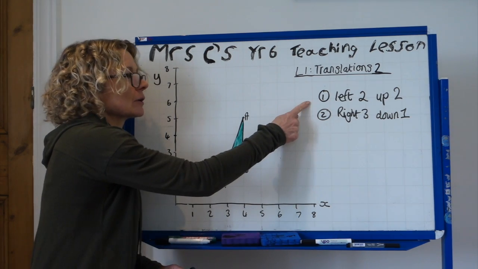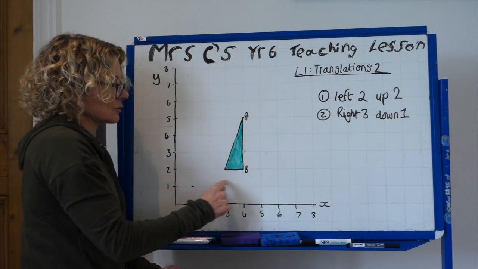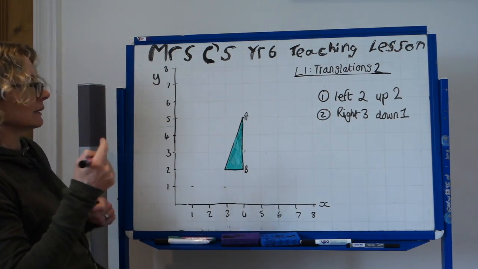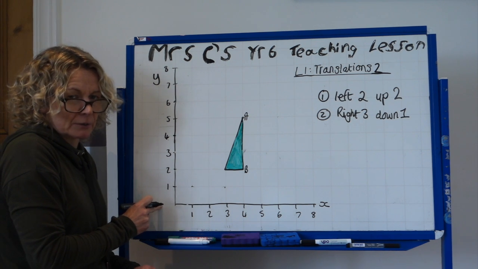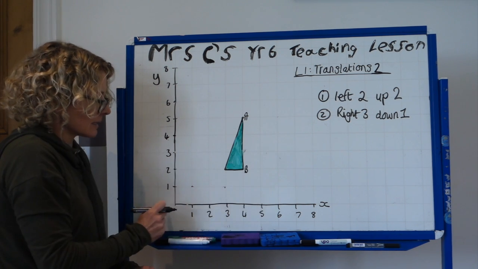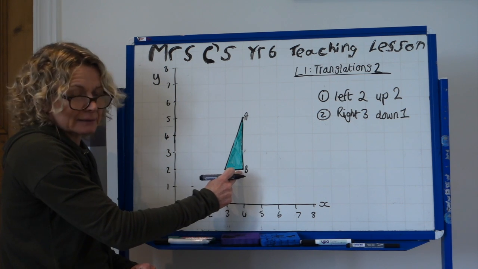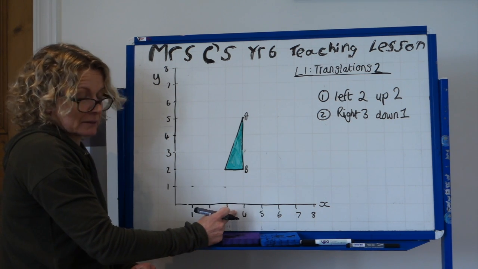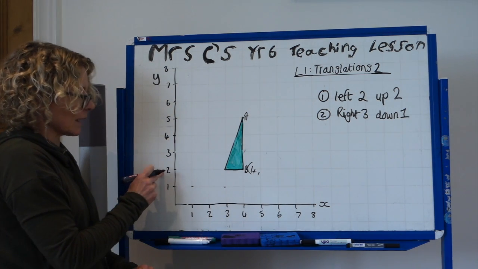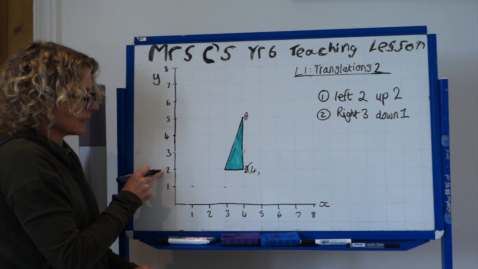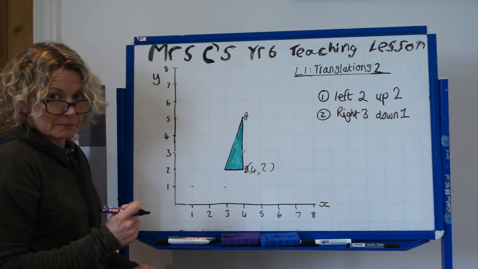So the first task is to draw this grid out and do your little green triangle. Let's together do the coordinates here. So we go in through the hall and up the stairs. The x coordinate for B is 4 and the y coordinate for B is 2.